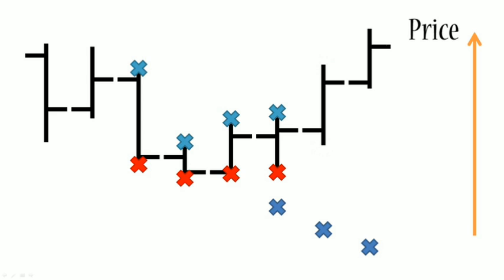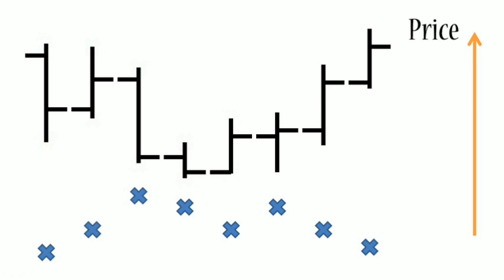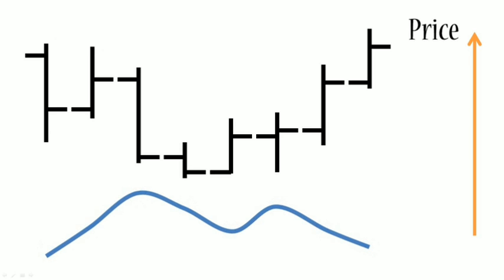Let's do that again. Once more, we've got 4 bars, and we've got the average true range plotted under the last of the 4 bars. We can do that again and again. We just keep going as far left as we want to, and we get all these little crosses at the bottom. Now we're going to connect the crosses with a line, and that's what it looks like.